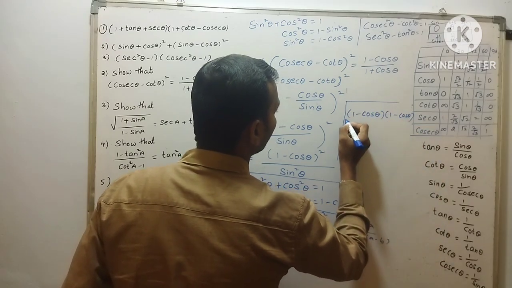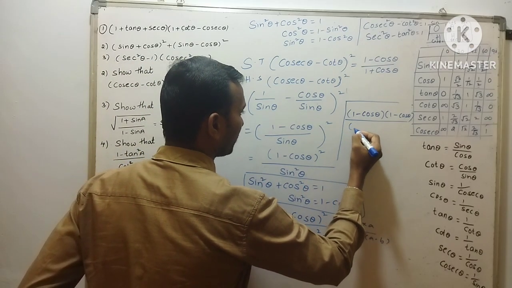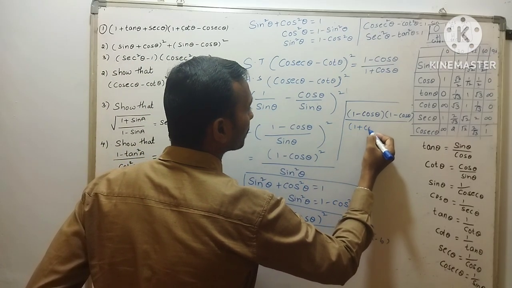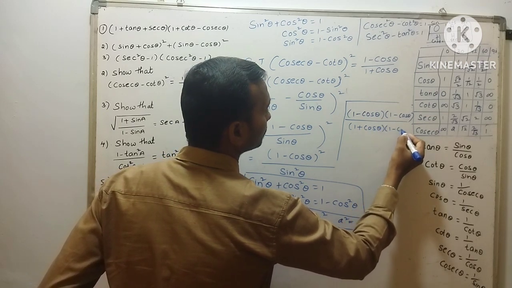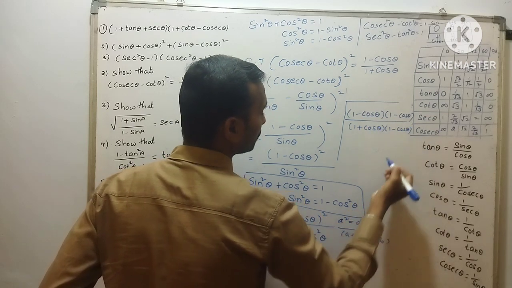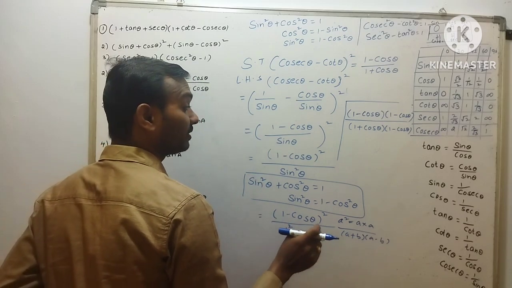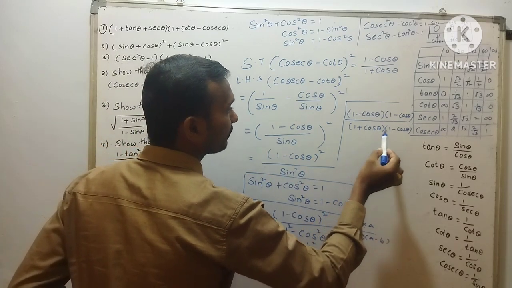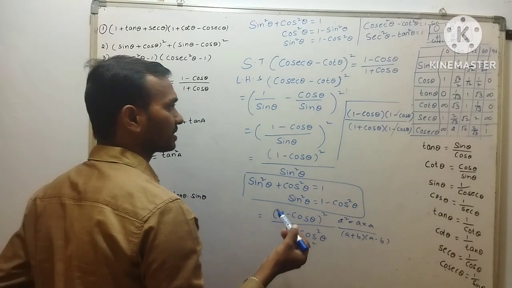In the denominator, a square minus b square we are applying, that is a plus b into a minus b: 1 plus cos theta into 1 minus cos theta. Here a value is nothing but 1, b value is nothing but cos theta. Now you see both get cancelled, 1 minus cos theta by 1 minus cos theta.